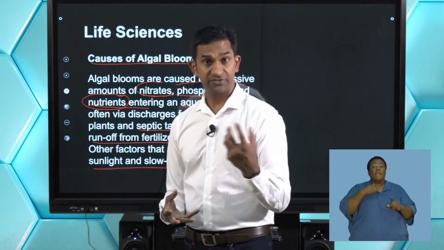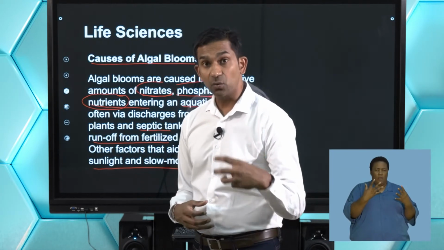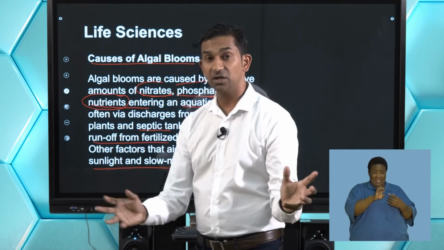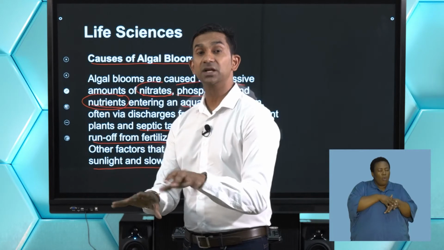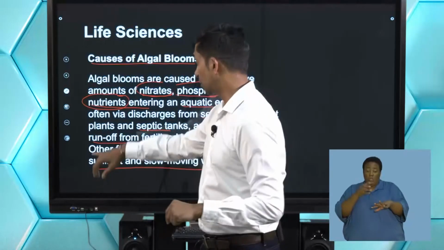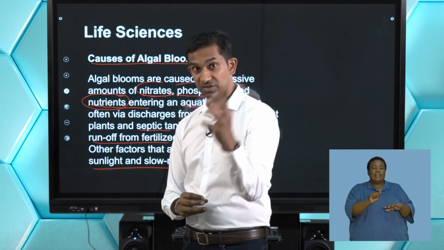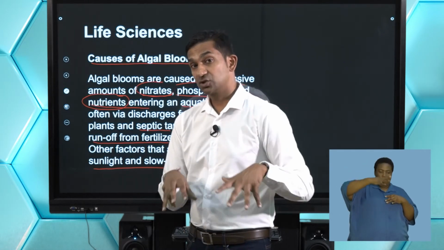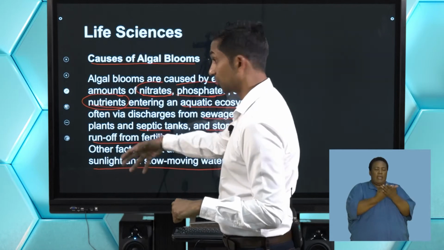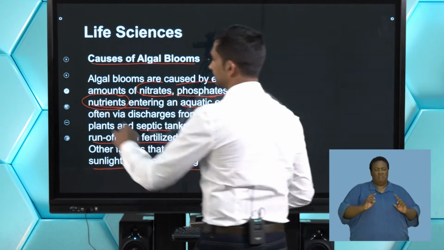As I said, algae require sunlight, and so when water bodies tend to be stagnant or slower moving, you'll find that the algae tend to grow rapidly in those areas because they're exposed to more sunlight, the temperatures in the water are slightly higher, and it's conducive for them to grow extremely rapidly.